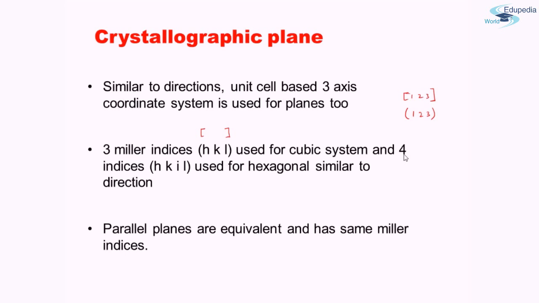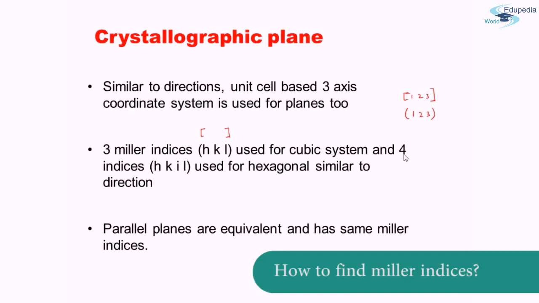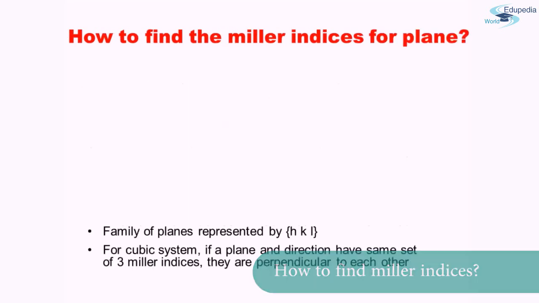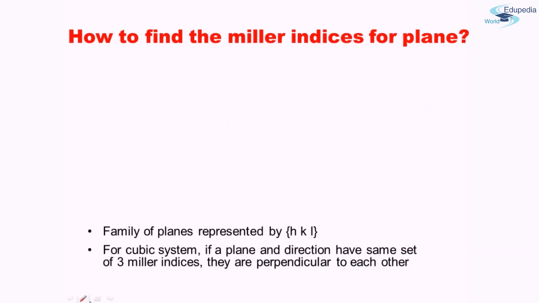Okay, now let us see how exactly we find Miller indices. Before that, a couple of notes. One is that I have just said that a particular plane is represented by this bracket, right? But if we are representing a family of planes, we use this bracket instead. Similarly, for the direction case, it was this for a particular direction and this for a family of directions. These are parallel concepts.